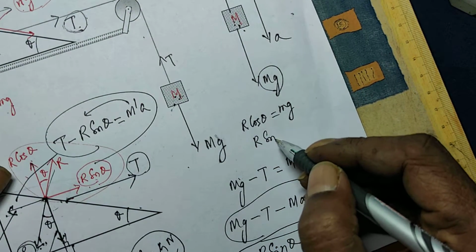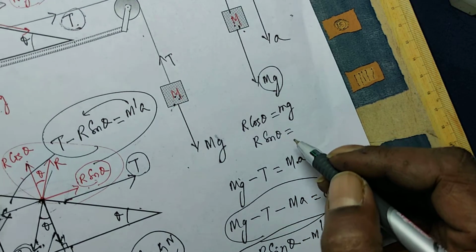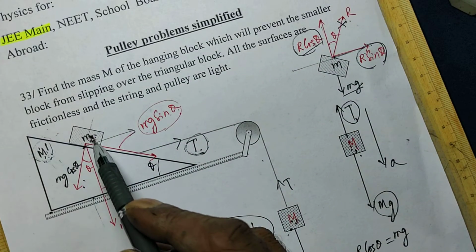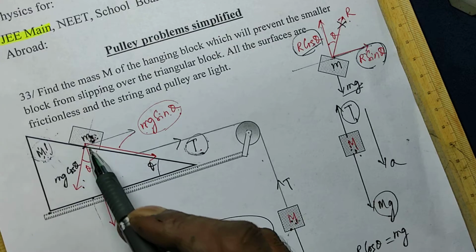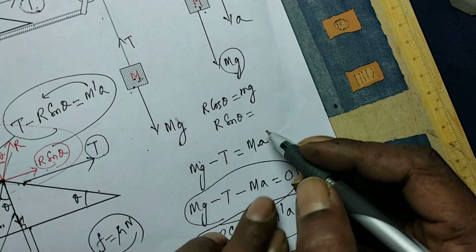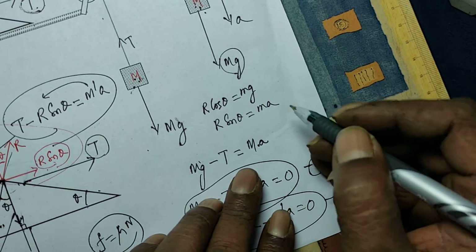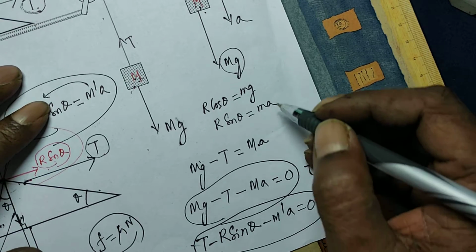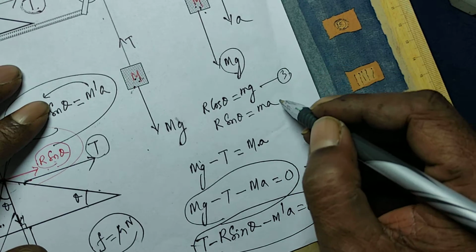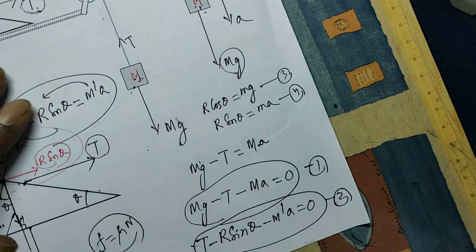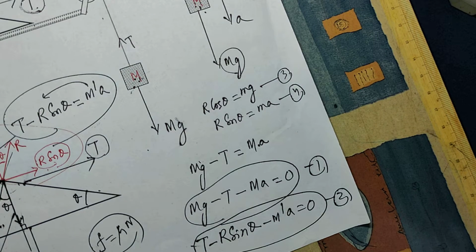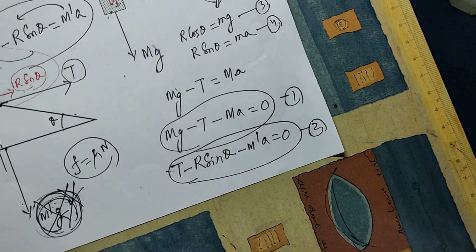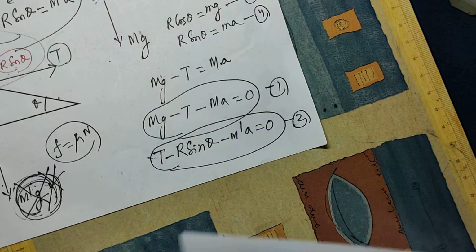Your R sin theta is the net force, horizontal force on the small block of mass small m. So that will be its mass times acceleration. Make this as equation 3, make this as equation 4. And on a different page, let me write those 4 equations and then solve it.